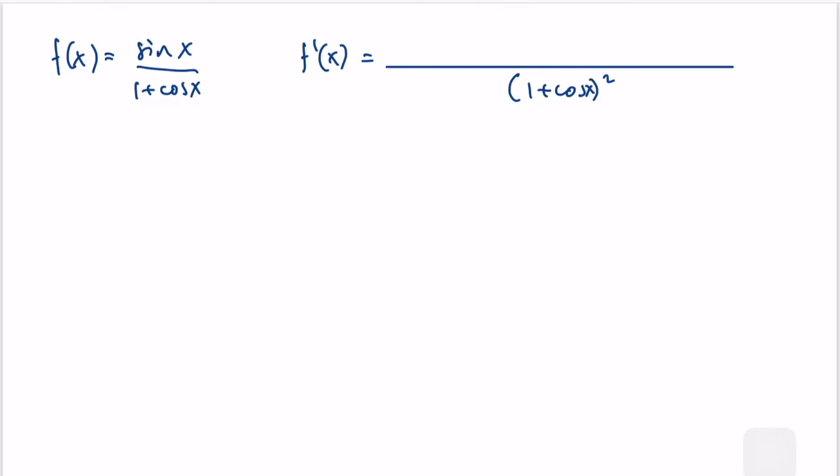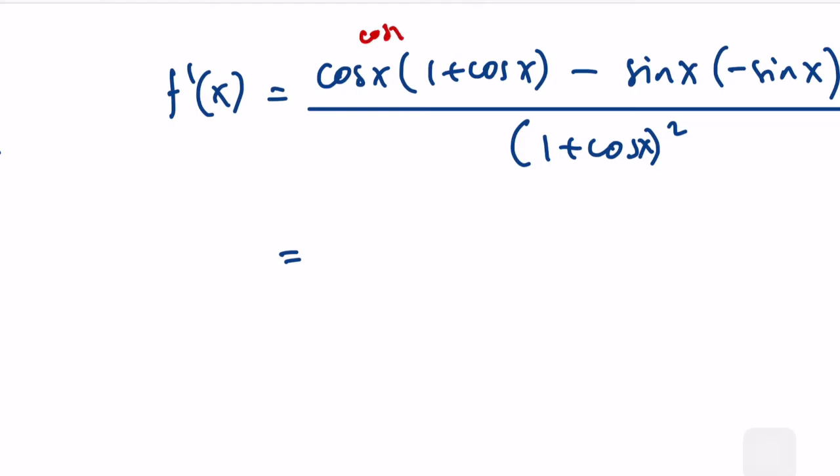So this will be cosine x times 1 plus cosine x, and then minus sine x times minus sine x, and this will be cos x plus cos squared x plus sine squared x.